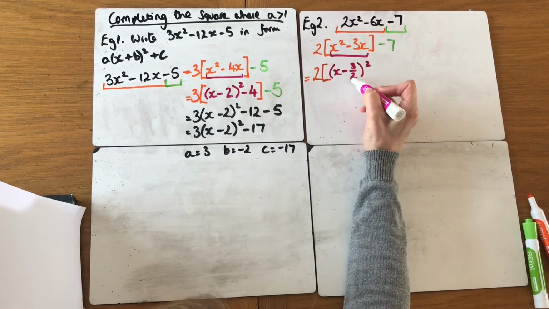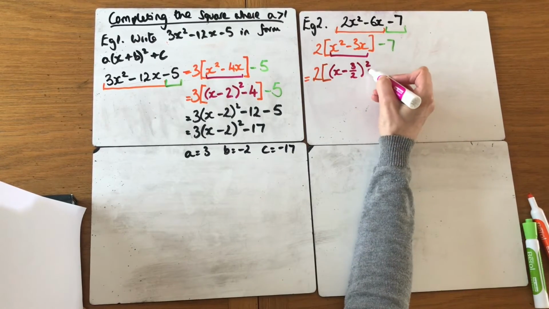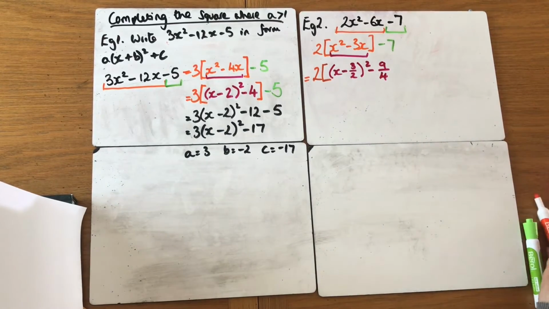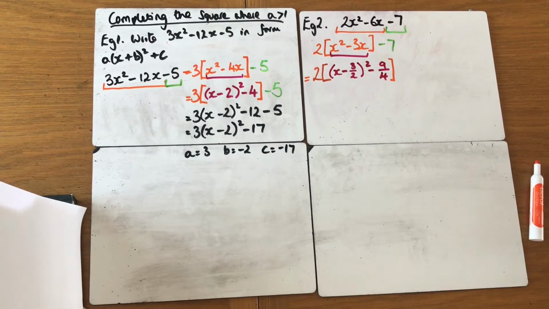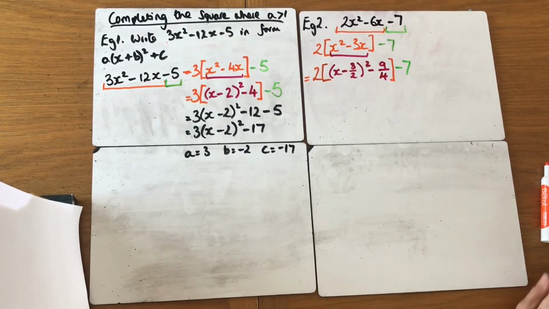So I'm going to square 3 over 2, so I just square the top, square the bottom, which gives me 9 over 4, and I'm going to subtract my 9 over 4. So there's my equivalent pink part inside the square brackets, and then I need to remember to pop the minus 7 back on the end.